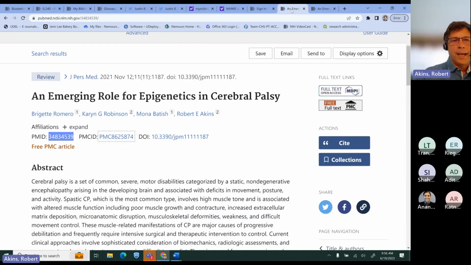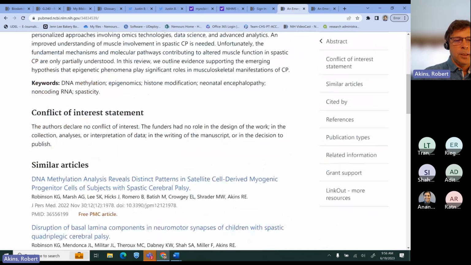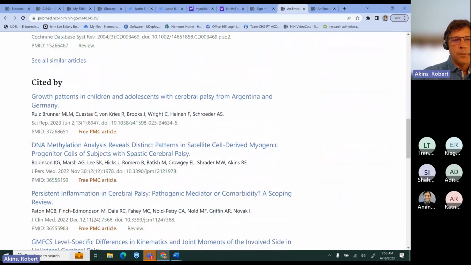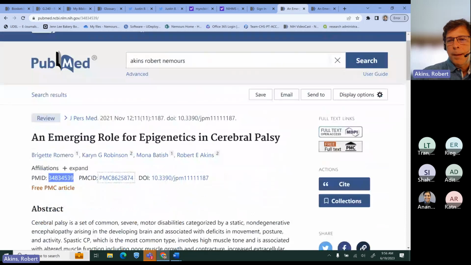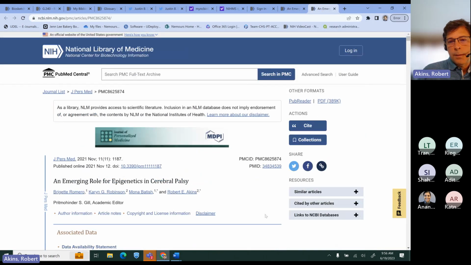So this is the abstract. This is the information. These are the cited by and all that other stuff. That's PubMed. And then PubMed gives you the links over here. This was just a review that we did for the journal Personalized Medicine. And then it gives you the PubMed Central link, which is free. This is the one that matters. Every article that's funded by NIH or funded by federal funds has to eventually have a PMC ID, which always starts with the 3 letters PMC.